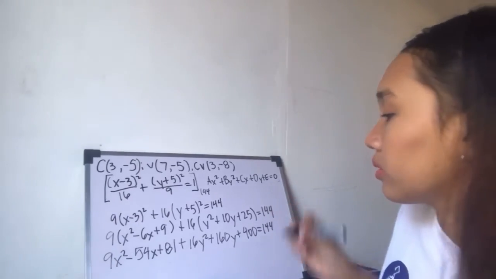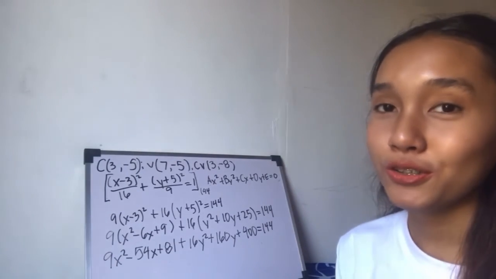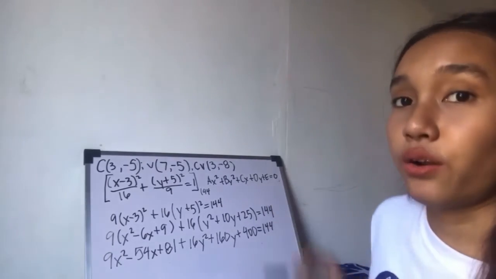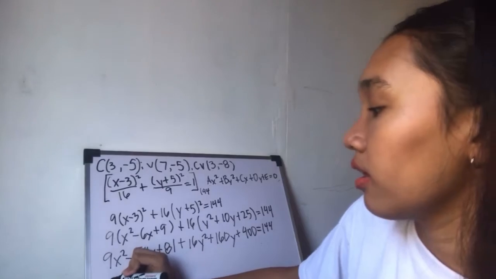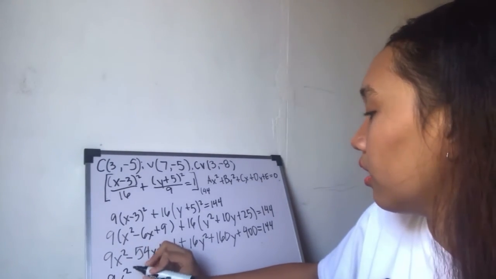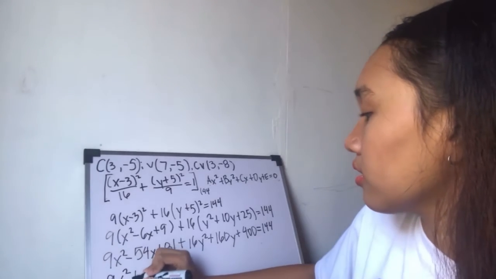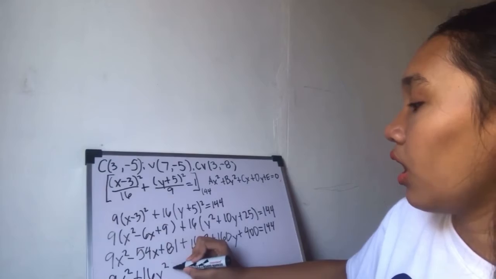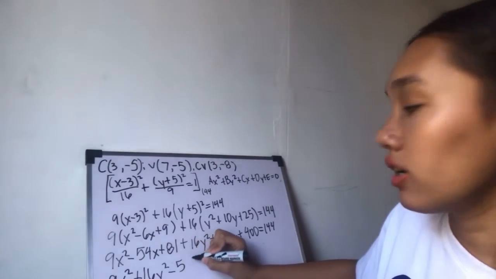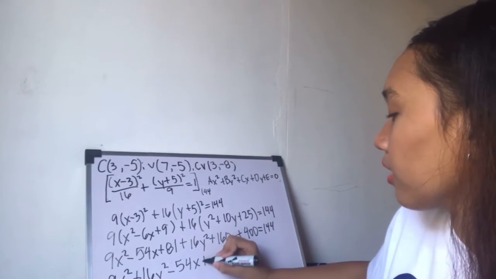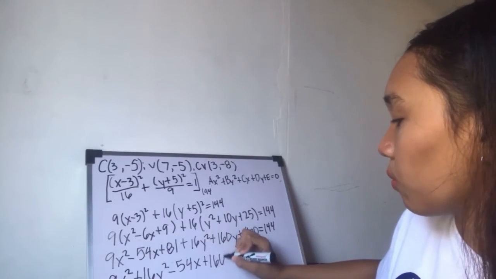The last step that we are going to do is to arrange the equation to the general formula. That will be 9x squared plus 16y squared minus 54x plus 160y.